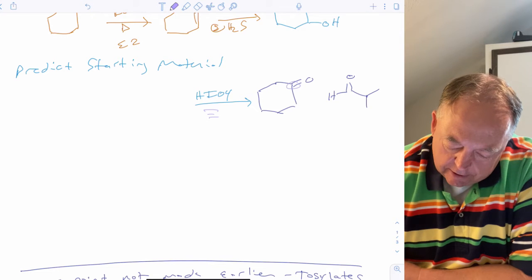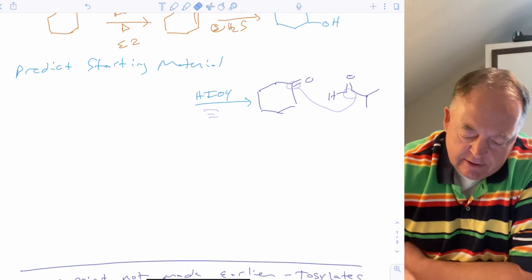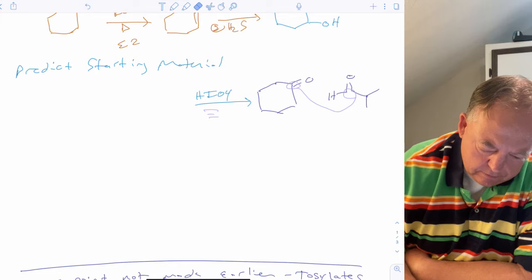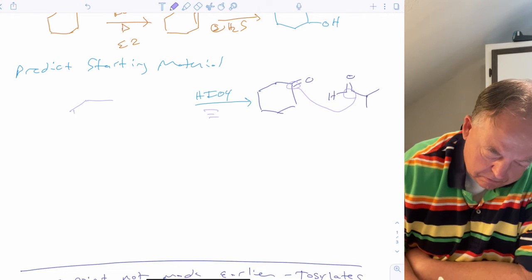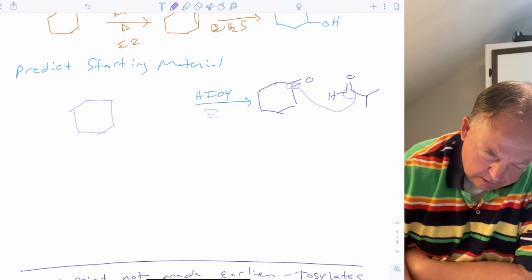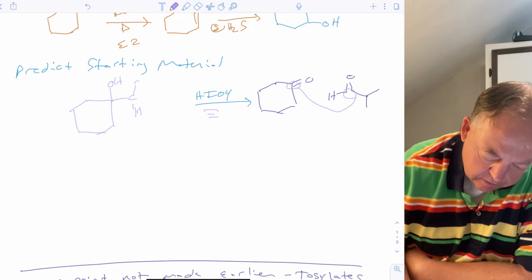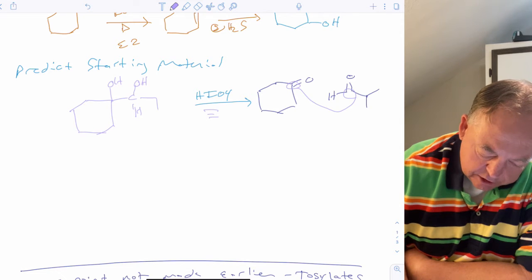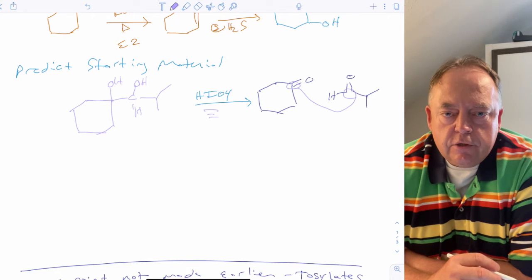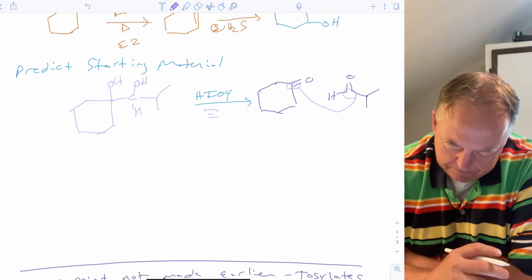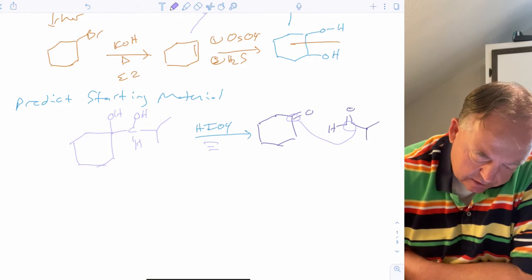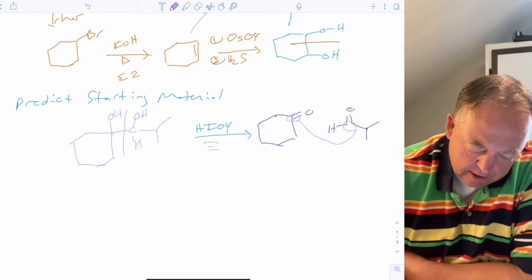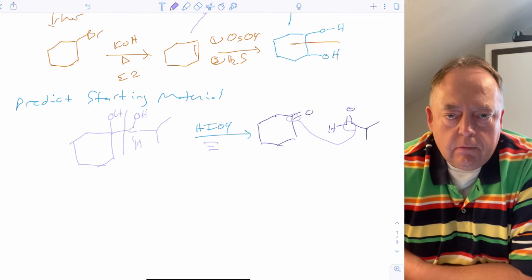So you'd have to recognize, okay, these carbons used to be attached to each other, and that used to be alcohols instead of carbon-oxygen double bonds, right? So that would have been your starting material, a 1,2 diol. And then when you do the oxidation, you cleave it there, and both carbons get oxidized to C double bond O's.